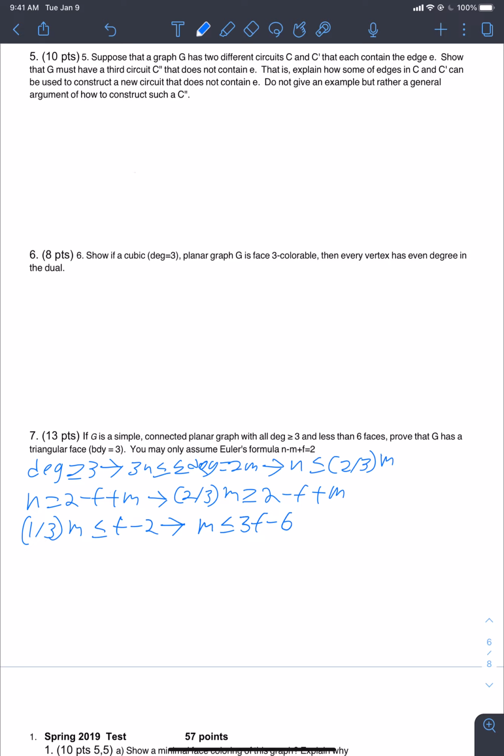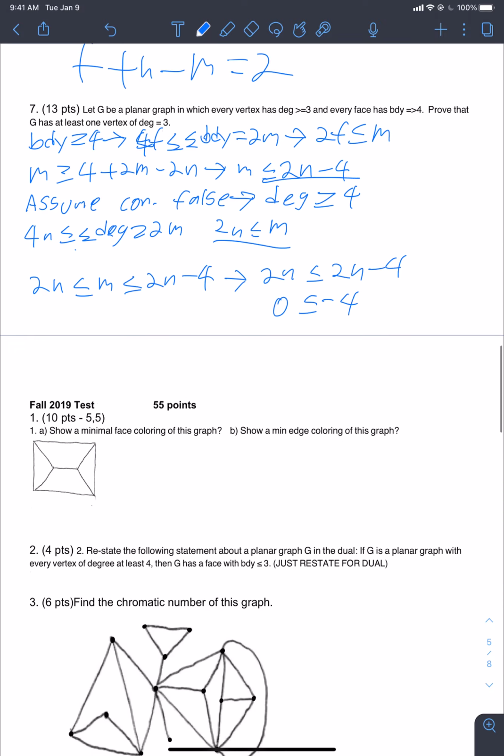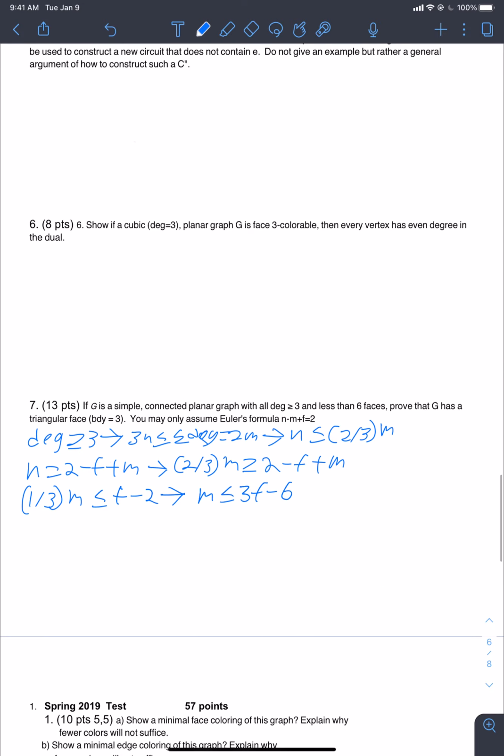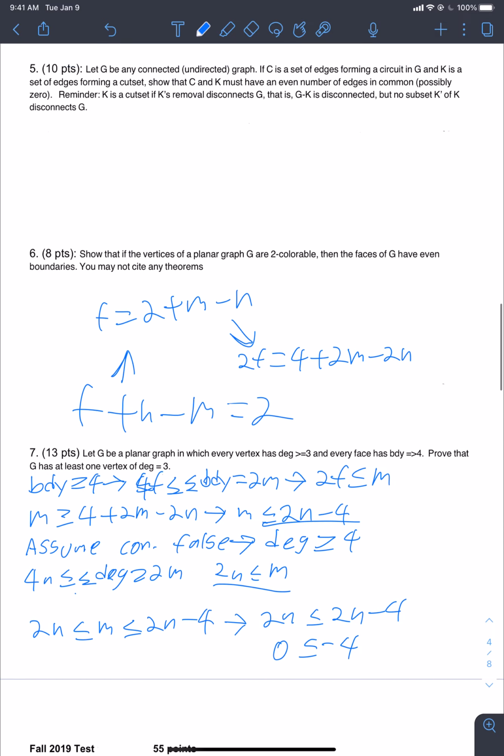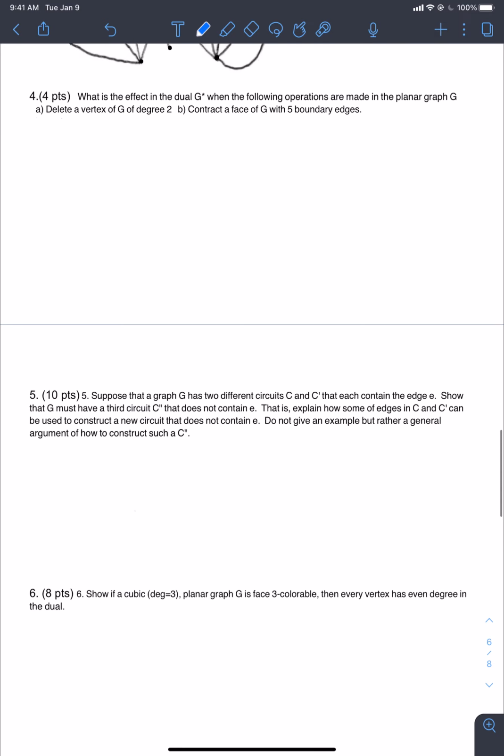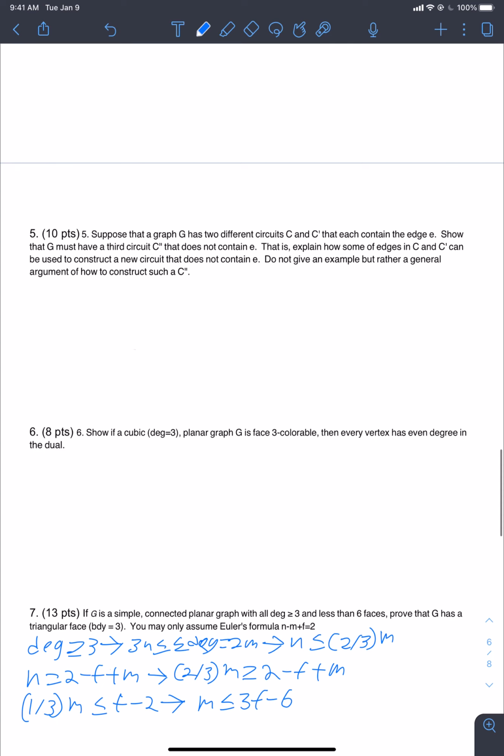So now we want to prove that there is a triangular face. Let's assume this is false, because this is similar to the last problem. We're looking for a very specific case: boundary equals 3 in this case.